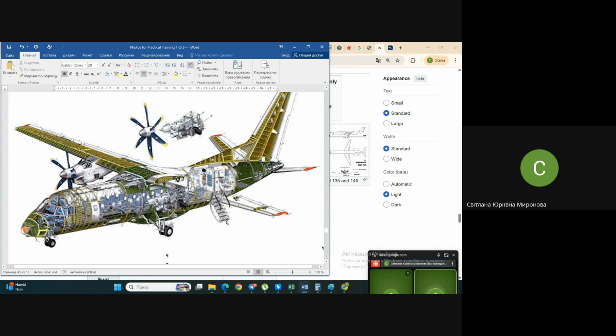And also, when you're analyzing statistical data, it's necessary to consider what type of airfield this airplane is purposed for.